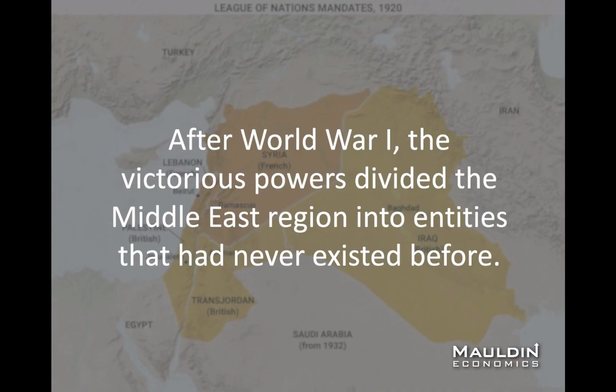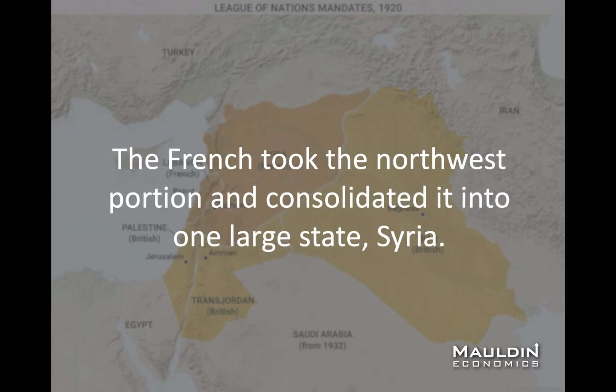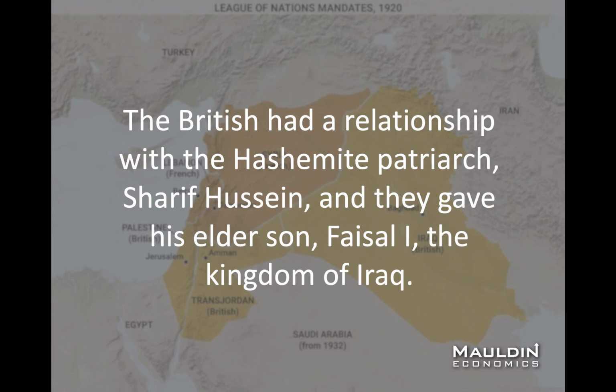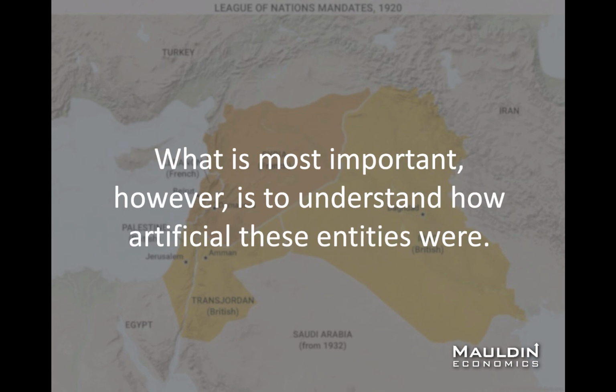After World War I, the victorious powers divided the Middle East into entities that had never existed before. The French took the northwest and consolidated it into one large state, Syria, and the British basically took control of Jordan and Iraq. What is most important is to understand how artificial these entities are.